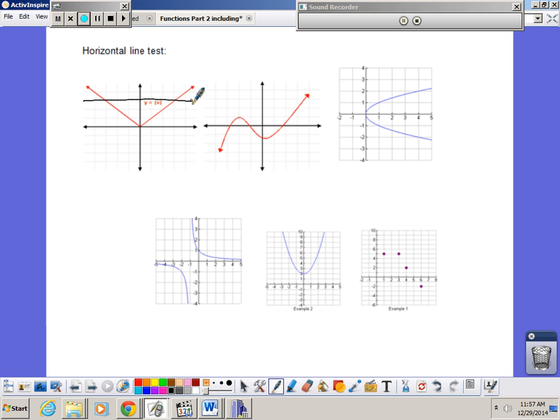Okay, so this does not pass the horizontal line test. So this is a function, but it's not a one-to-one function. This is a function, but it's not a one-to-one function because it fails the horizontal line test. This isn't even a function.